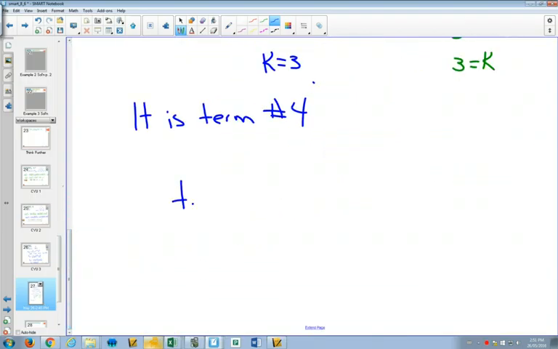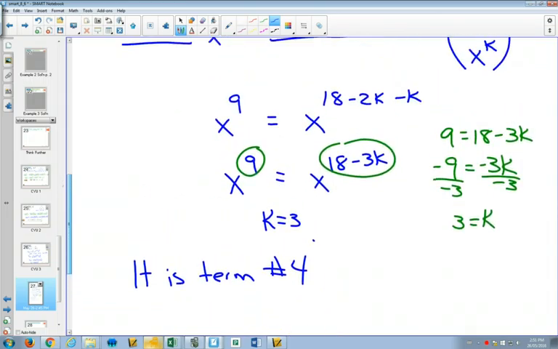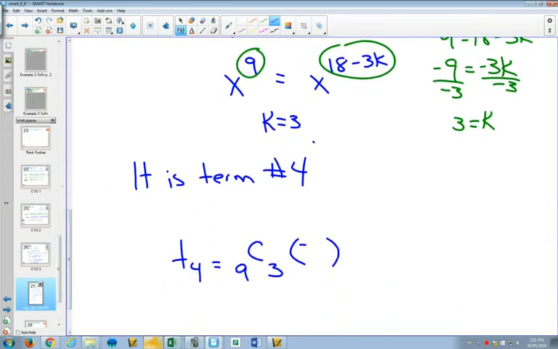So now what's term 4? Well, term 4 will be, is it 10? Or no, it's 9. 9 choose 3. Our A was 3x squared. 3x squared to the 9 minus 3 will be 6. And our B was negative 2 over x to the power 3.